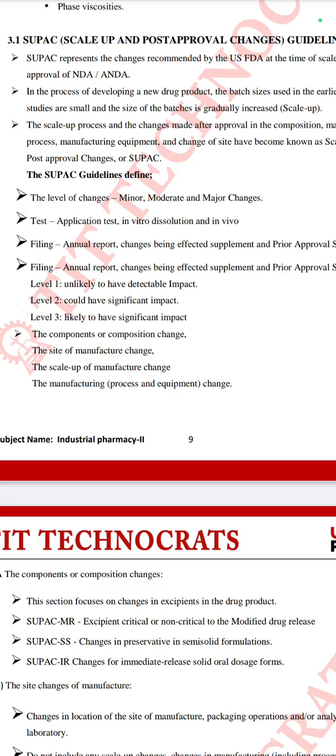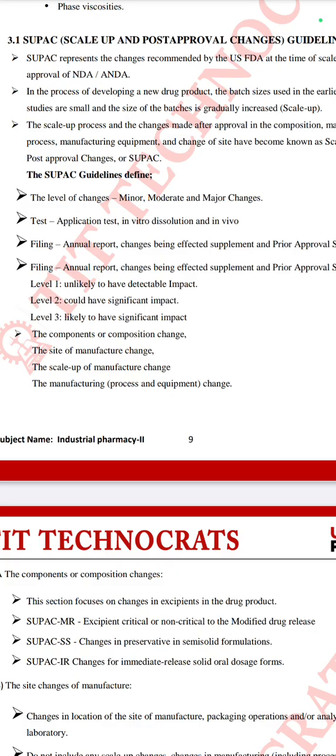If any requirement changes after approval, what are the guidelines? The scale up and post approval changes guideline.